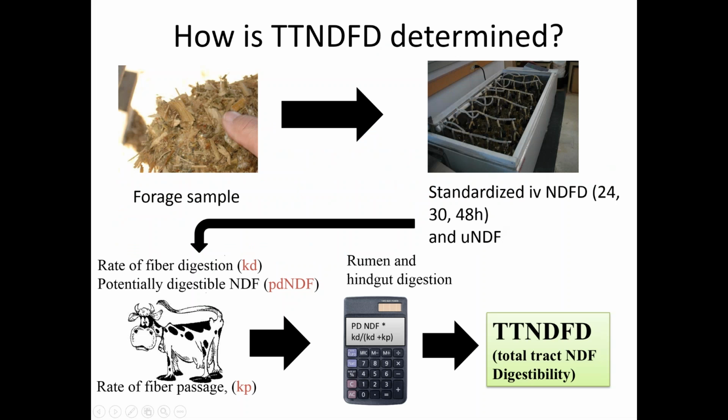He goes into a modeling approach, basically a fiber submodel, to estimate a rate of digestion and a potentially digestible NDF. Then he assumes a rate of passage based on the level of production and the level of intake of the herd, and essentially calculates at the end a total tract NDF digestibility measure.